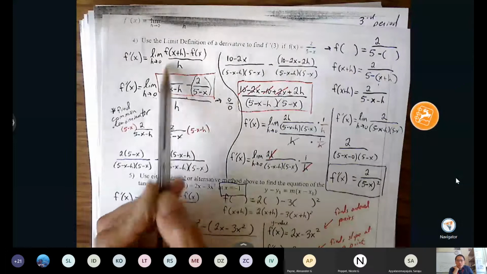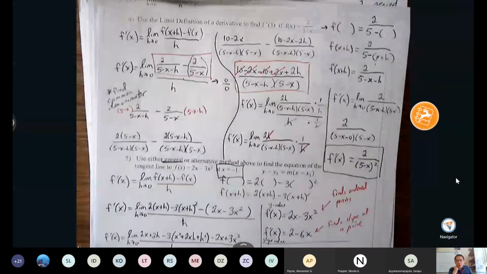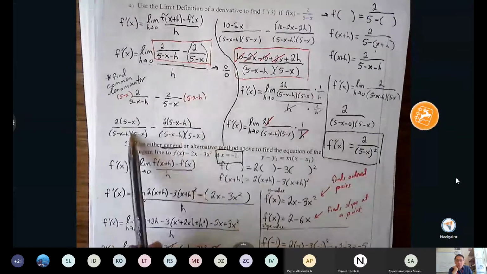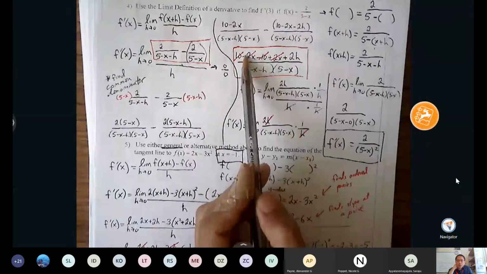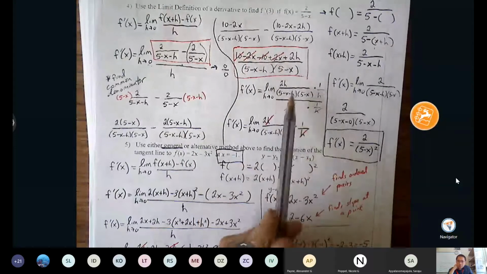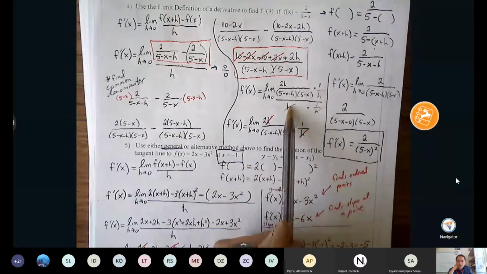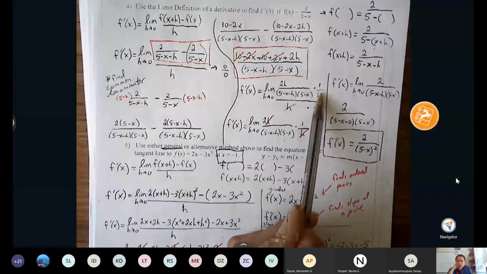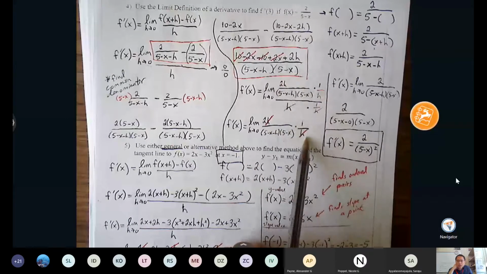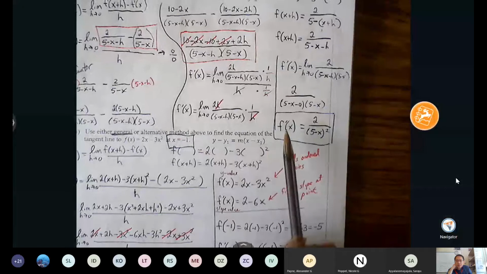We have 2 fractions. We got a fraction within a fraction. We want to try to get this down to 1 fraction by first finding common denominators. Get that to clean up. Once it's down to 1 fraction, we're going to have an easier time identifying how the h's will cancel out. Once the h's go away, we reevaluate, we get to our derivative.